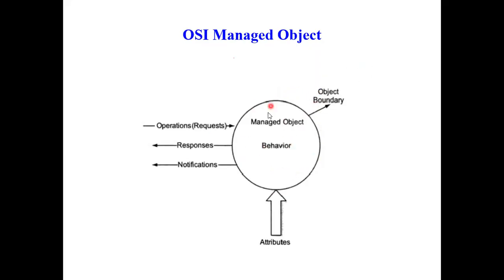Some operations, remember that a push operation was performed on the object, and it gave a response. And then we need to send a notification telling that the behavior of the object changed. This is again just an introduction to the OSI managed object, because finally what we are handling are the objects, which are nothing but our network elements.